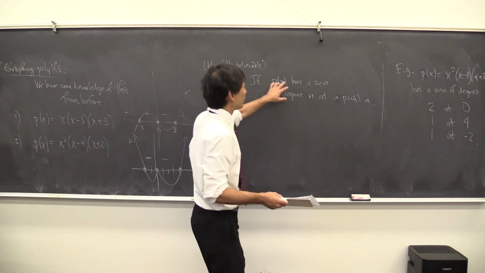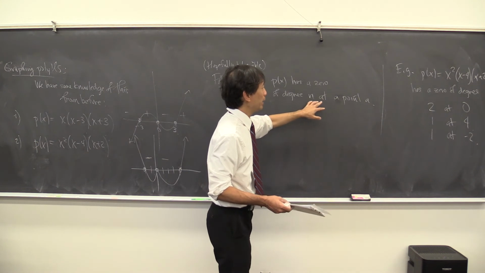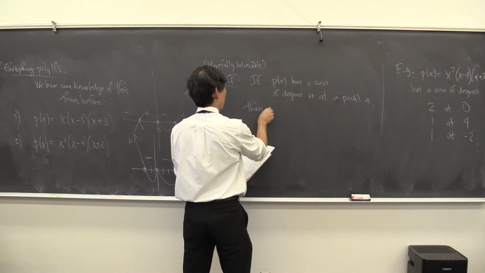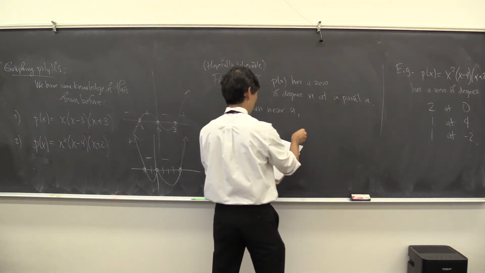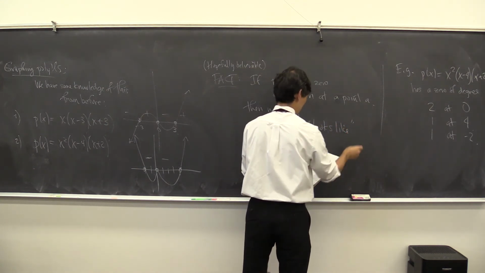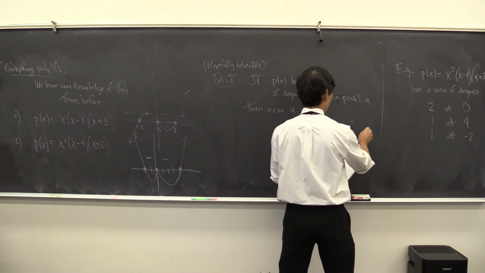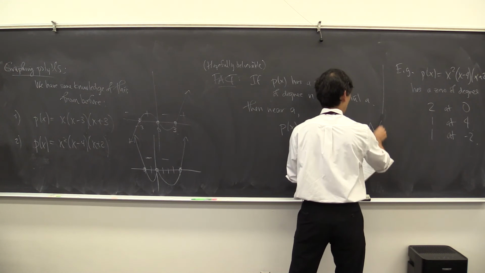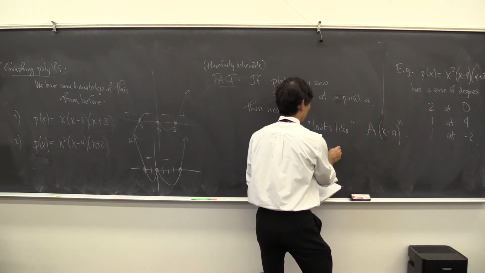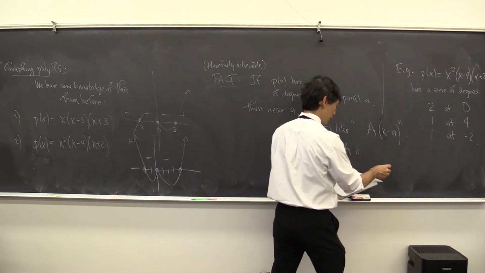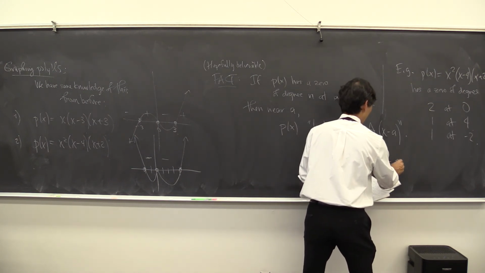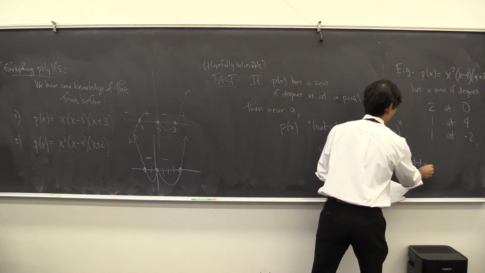So if your polynomial has a degree n 0 at some point a, then near a, p of x looks like a times x minus a to the n, where a is p of x over x minus a to the n evaluated at a.